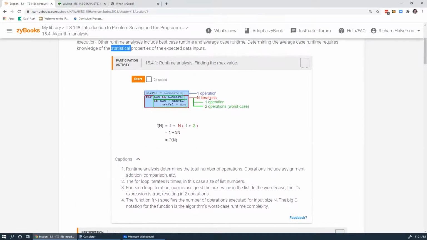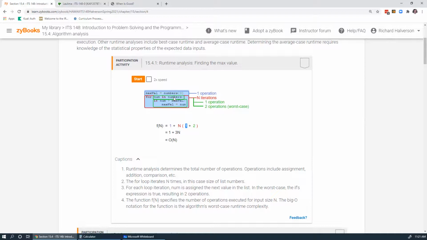But anyway, to figure out the worst case, here we're actually counting up the steps. There's one step, which is this first assignment, and then there's this one step, because for everyone you're going to do this for, and that's an operation. It's actually quite a bit of an operation.